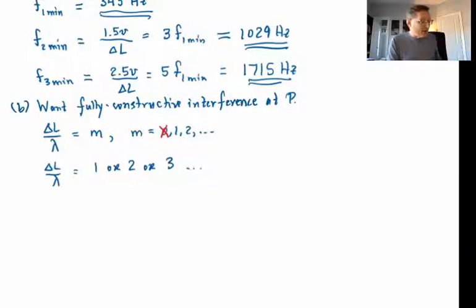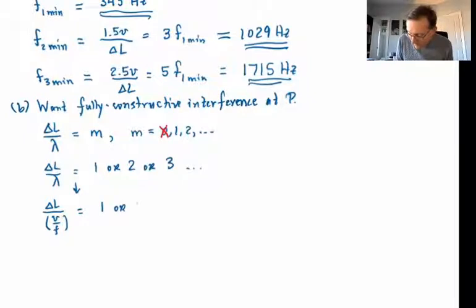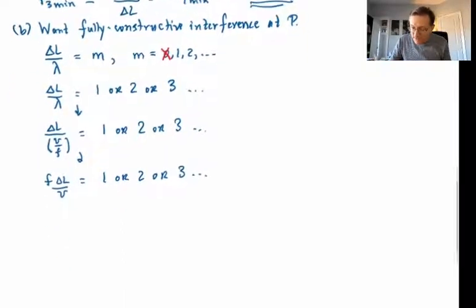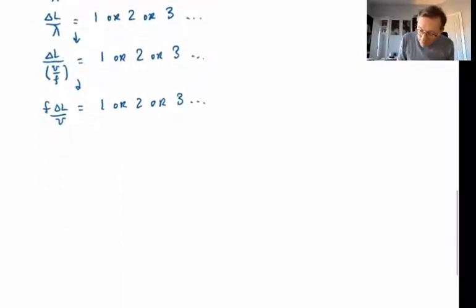And now I will bring in frequency, just like I did before. I will replace lambda with V over F. I will then write that as F times delta L over V. And then I will multiply both sides by V over delta L. And I will get expressions for the frequencies that will give me fully constructive interference.